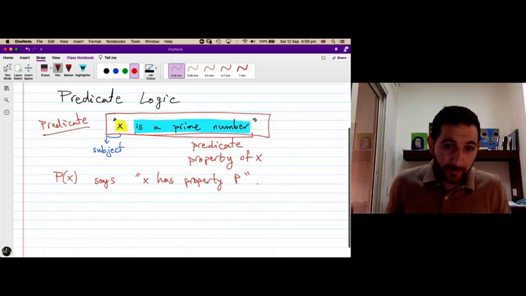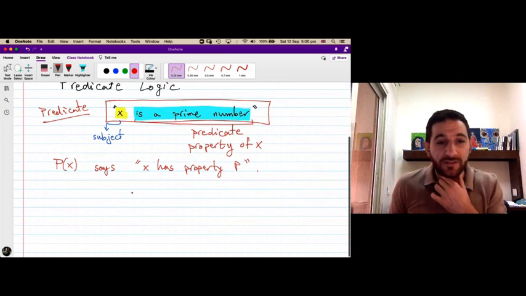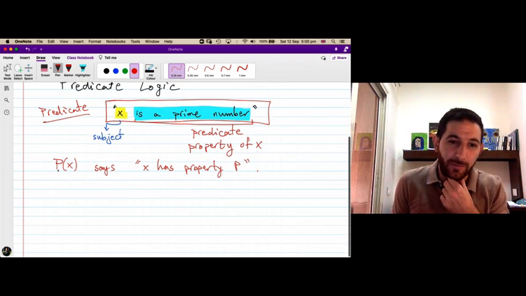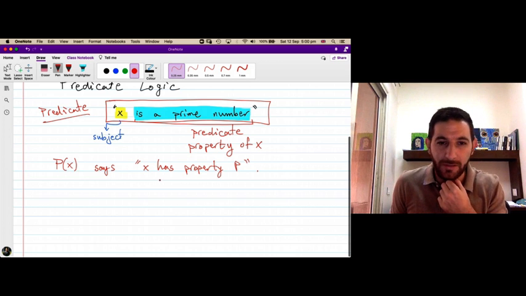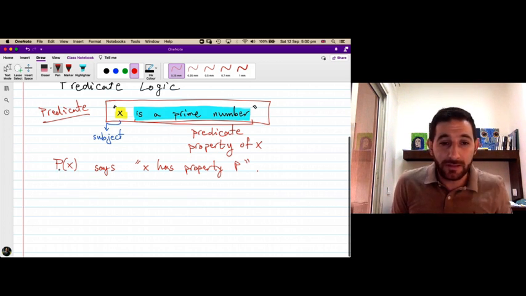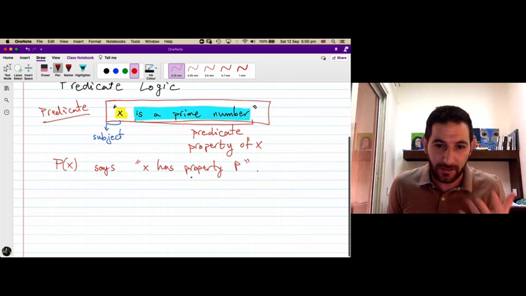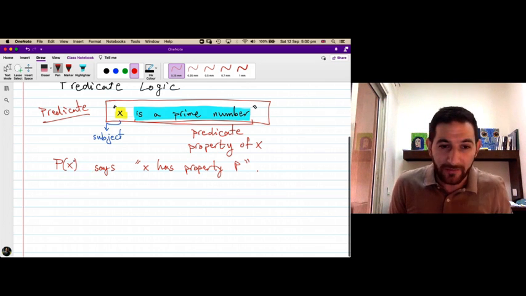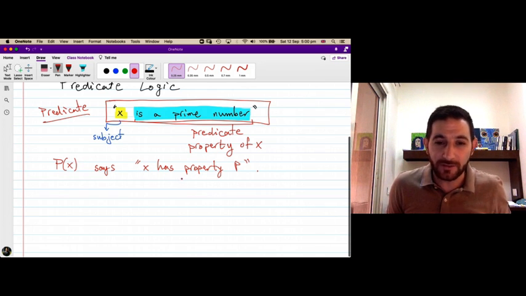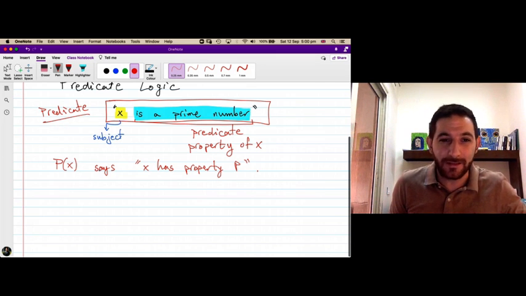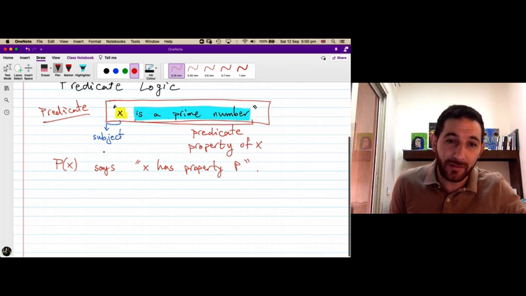Now, one nice observation about P(x): x has property P, for example x has the property of being prime. This statement is not a proposition. It declares some information, but we can't decide whether it's true or false. We need a value for x to decide. So a nice property of predicates is that they become propositions when we assign values to the variables involved.